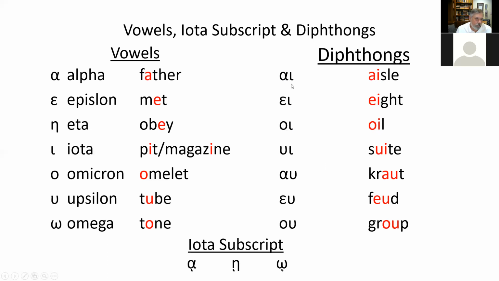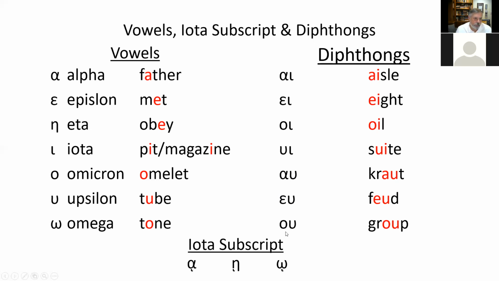And notice that these all end in the iota, and these all end in the upsilon. So almost all the time when I see two vowels together ending in an upsilon or an iota, I'm going to suspect it's a diphthong. That's not 100% because there are other vowel combinations that are not diphthongs.